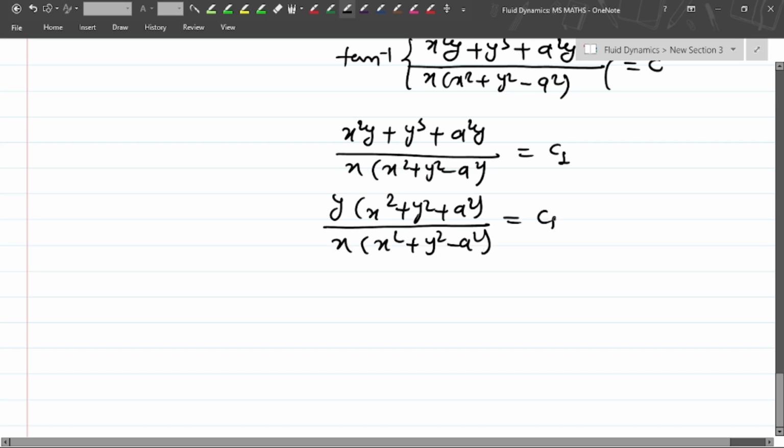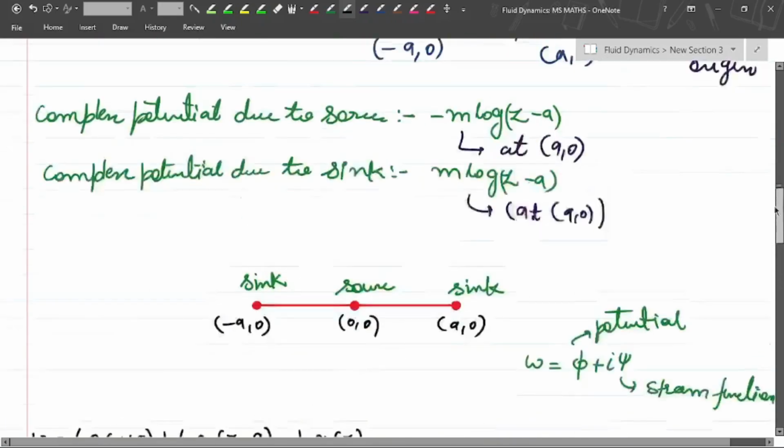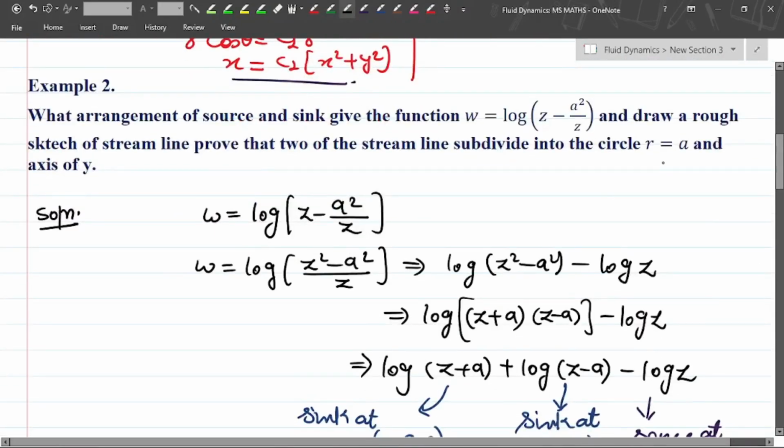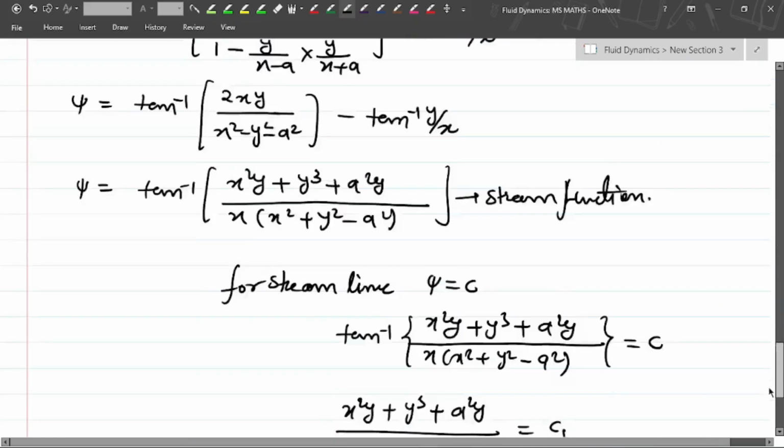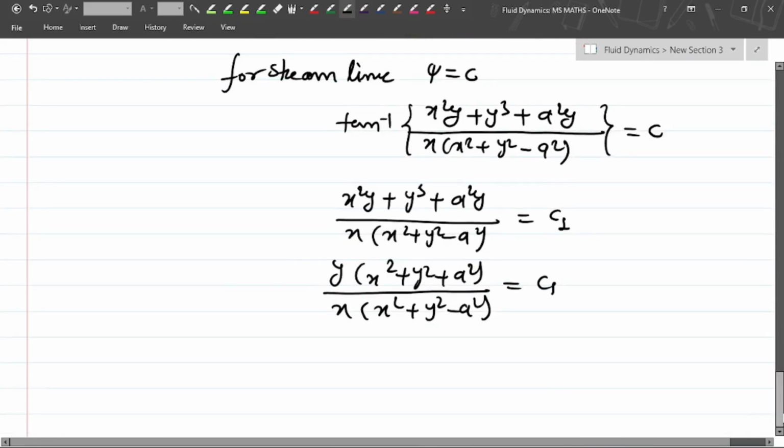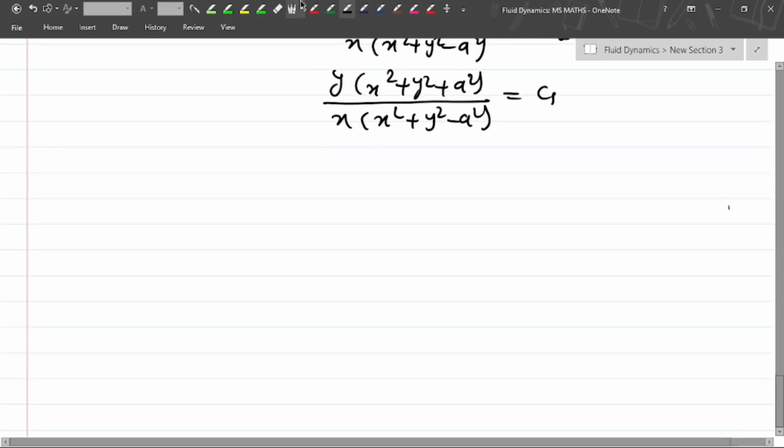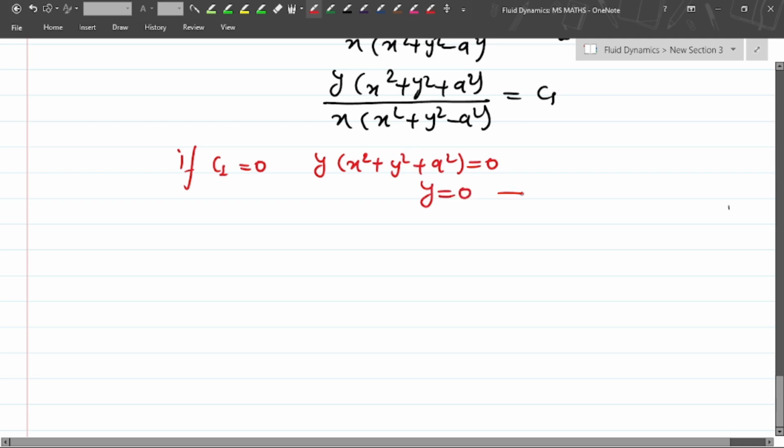Okay, so it is a circle of radius a and the axis of y. So for the axis, if my c1 is equals to 0, then y of x square plus y square plus a square is equals to 0. It means y is equals to 0. What is this? X axis.